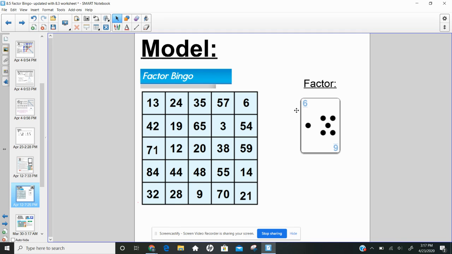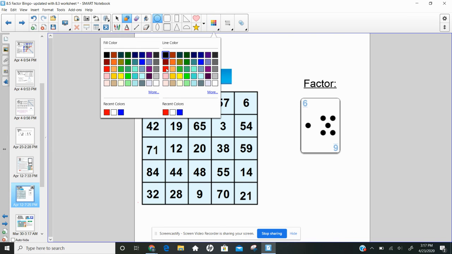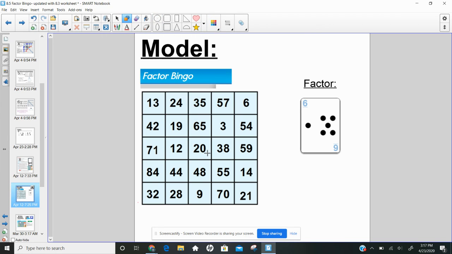So, for example, I know that I need to get a marker here. I'm going to get a little circle that I can play. I could put 6 times 8 is 48, and so I could put my circle here, and maybe I would try to make a line here.